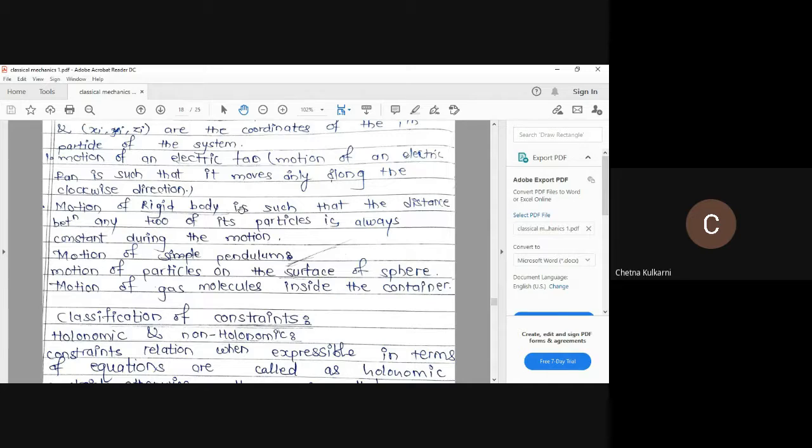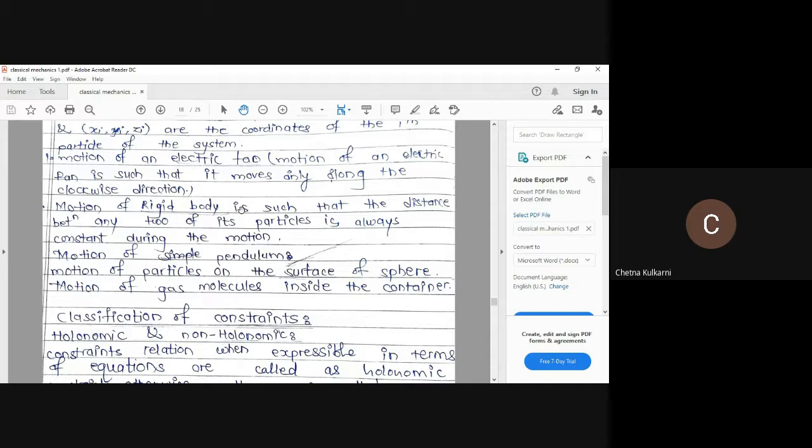If we are considering a single container which consists of gas molecules, what is the restriction on the gas molecule inside the container? You can take a cylinder, any type of thing. You can consider a sphere, a football or anything else. You fill air in a football, right? Whatever gas molecules are in the football, what is the restriction on them?